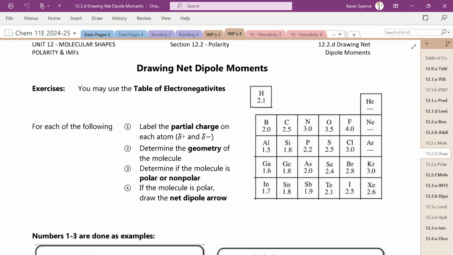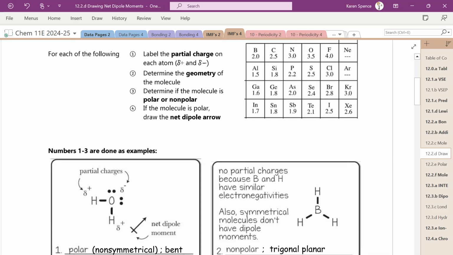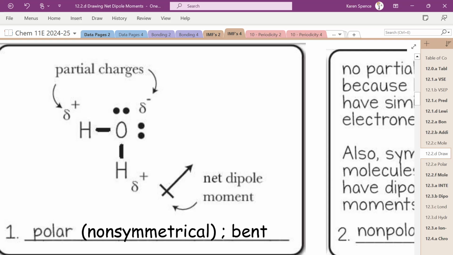Okay, so a dipole moment is just a dipole. I don't know why they call it a moment. But it is really just a dipole. And so here, what we're looking at is, for example, oxygen and hydrogen.